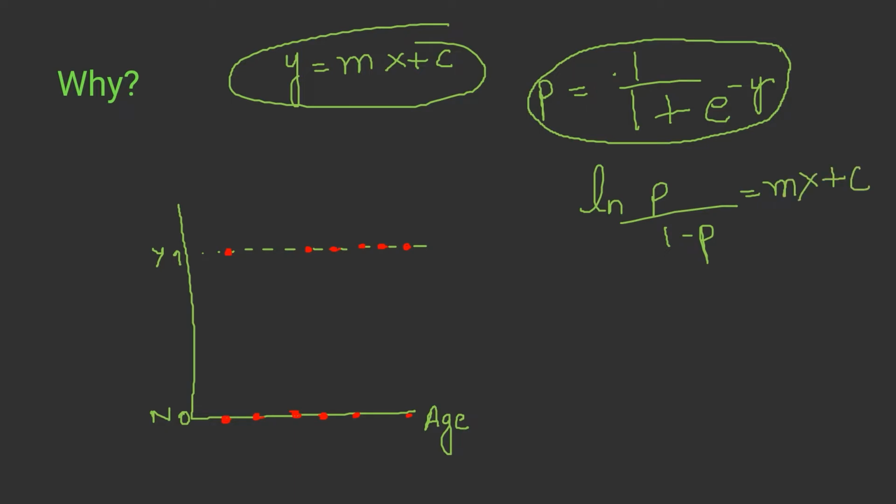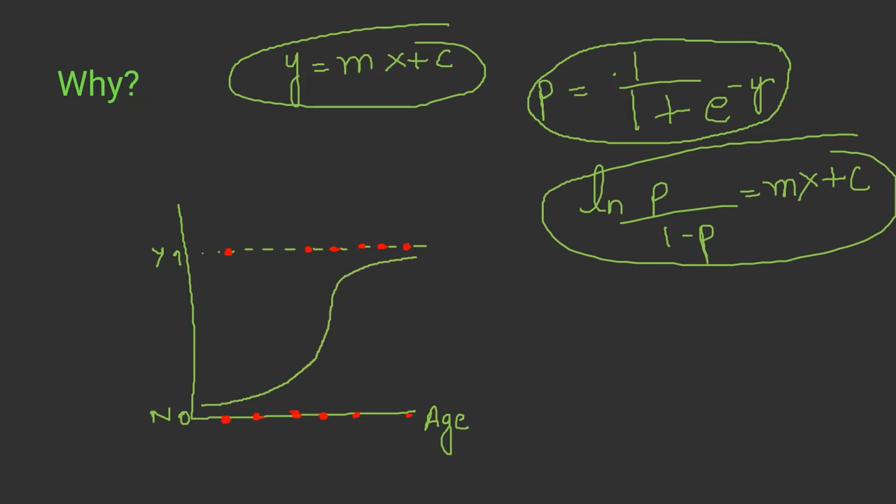And if I plot this hypothesis, we'll get something like this, a sigmoid graph, right? So the statements that age can't be negative and the probability can't be more than 100% are automatically solved. The value will approach 0 and it will approach 1. So this is how a sigmoid function works.